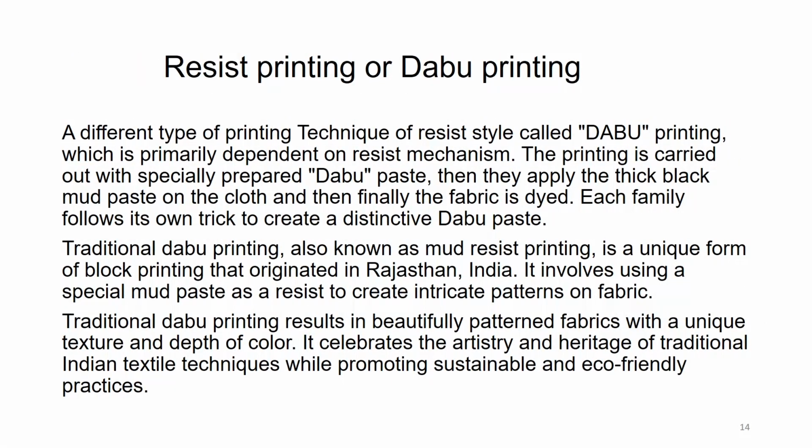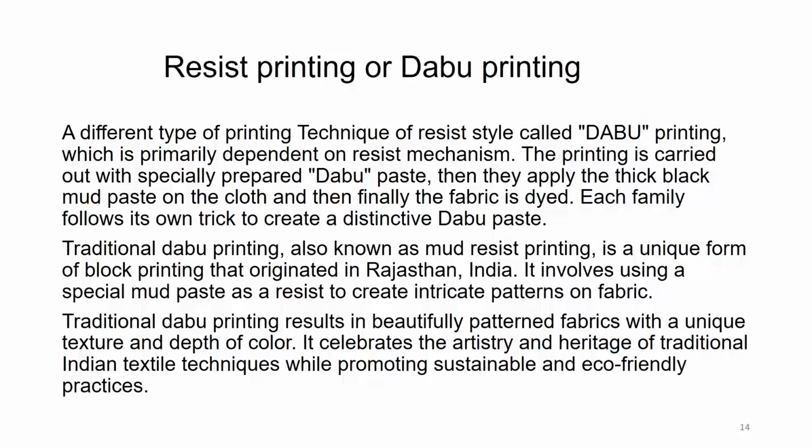Resist printing or dabu printing. A different type of printing technique of resist style is called dabu printing, which is primarily dependent on the resist mechanism. So, you cover a certain portion and you dye a certain portion. The resisted portion which is covered gives a pattern. The printing is carried out with specially prepared dabu paste.